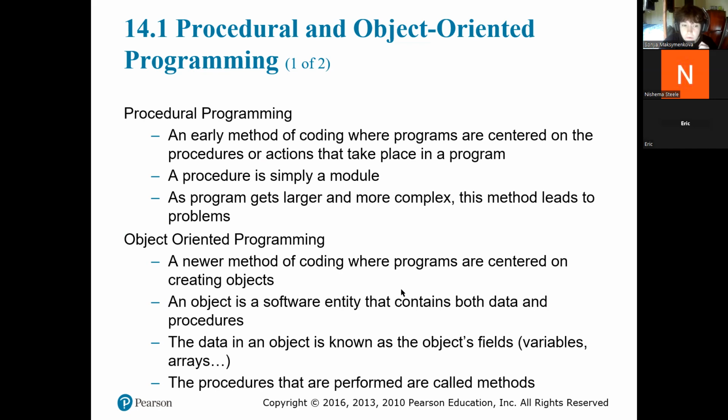What we do in object-oriented programming is we are creating objects, and those objects will contain two things: data, such as variables and arrays, and procedures, such as methods. In object-oriented programming, we call our modules methods. So from now on, I will refer to any modules as methods.